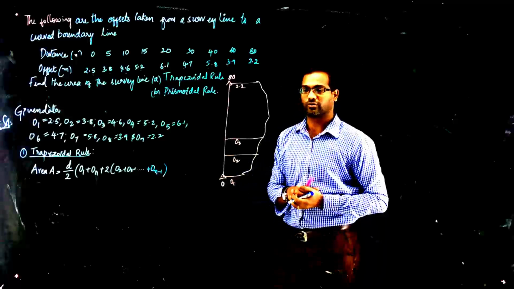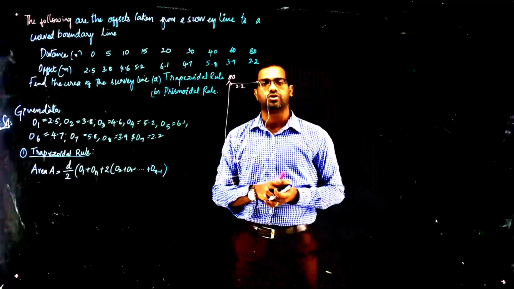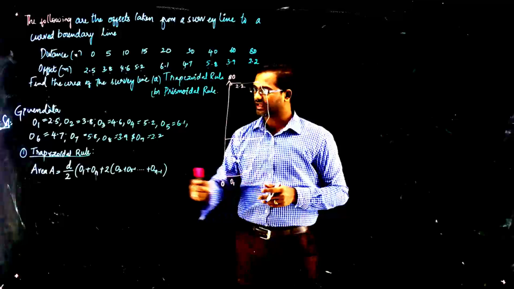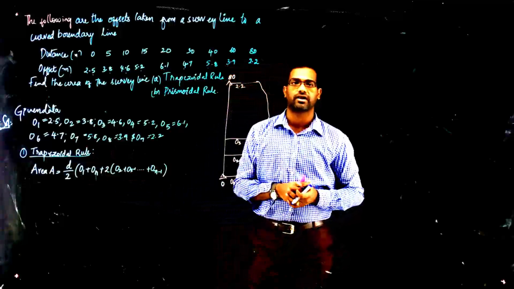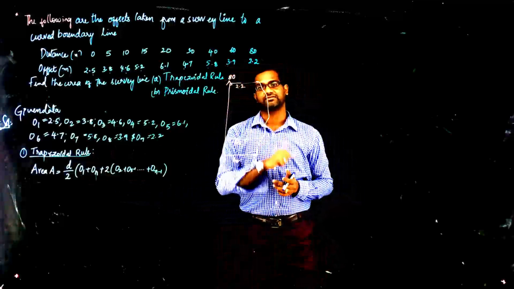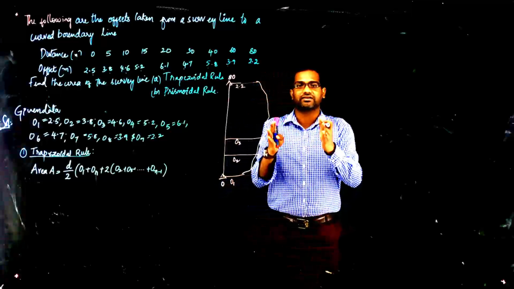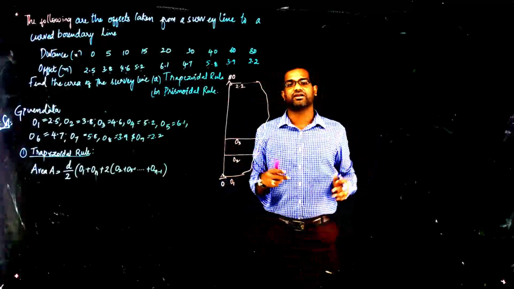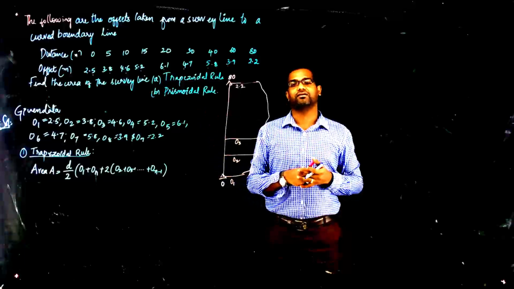This is the trapezoidal rule. In order to apply it, one thing is common: this D is called the common distance, which means the distance between the ordinates is common across the entire set of offsets.